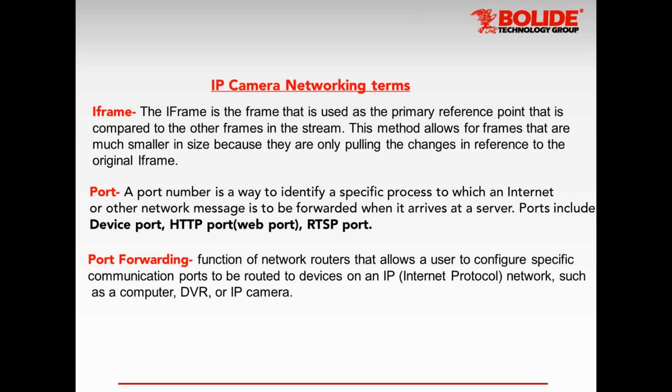Okay, and port. This is important to know. The next two, because this relates also to DVR remote viewing. Port is the port number, a way to identify a specific process to which an internet or other network message is to be forwarded when it arrives at the server. Ports include device port, web port, and RTSP port.